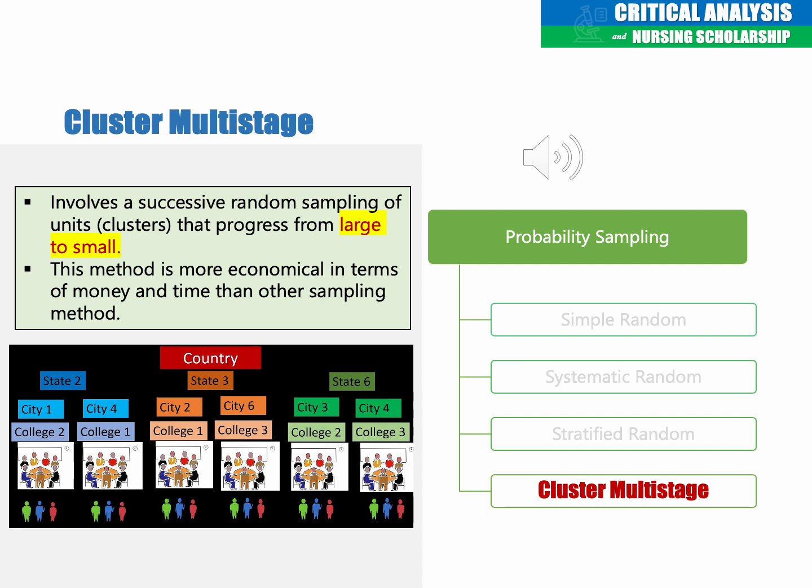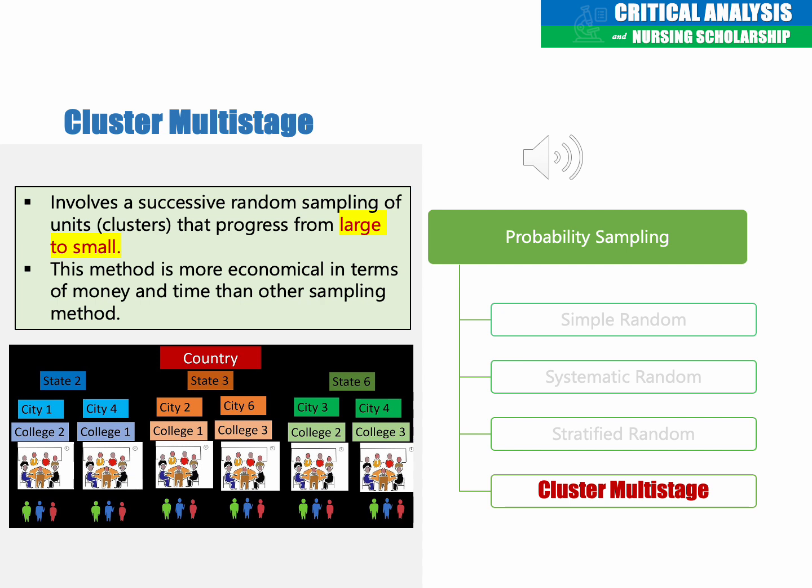First, randomly select clusters, for example, nursing schools or hospitals. Then in stage 2, within each selected cluster, you randomly select participants. And you can repeat the process through multiple stages, as you can see on the slides in here.